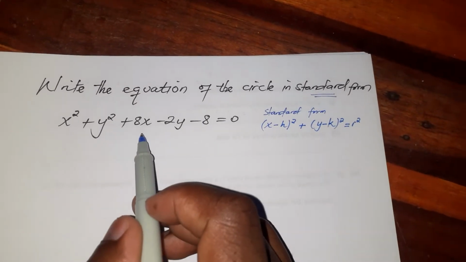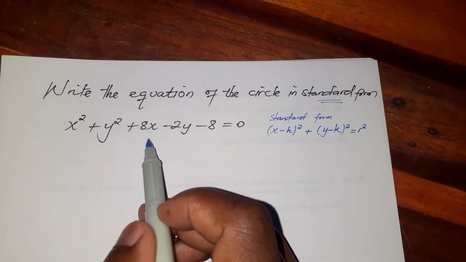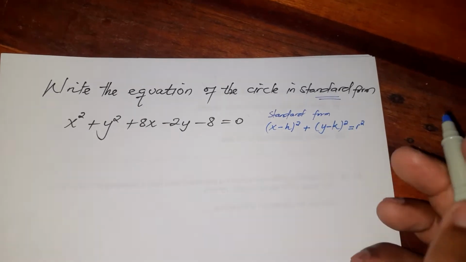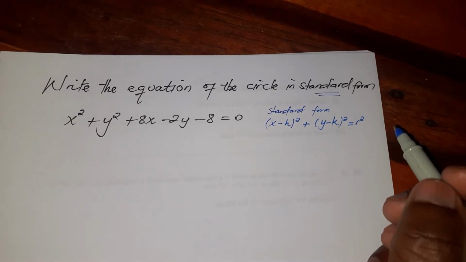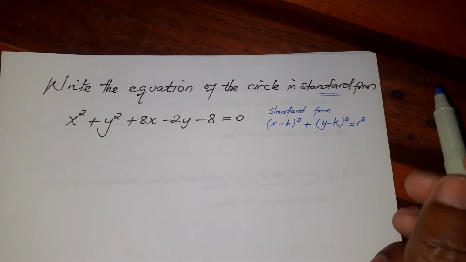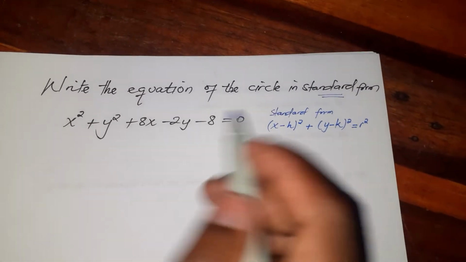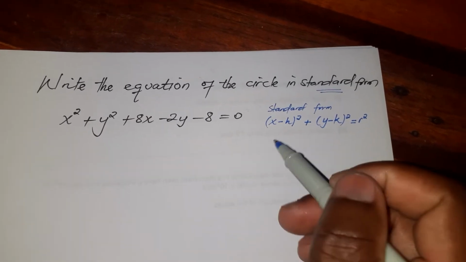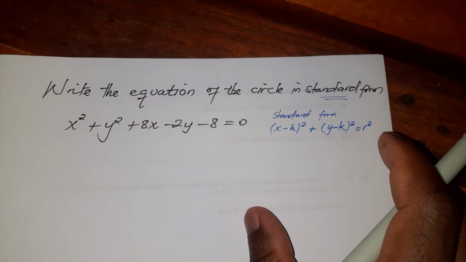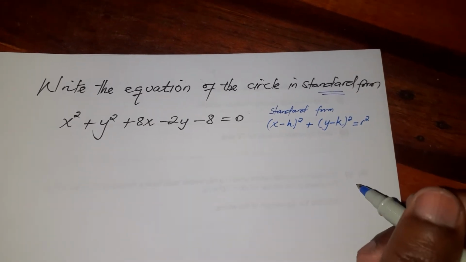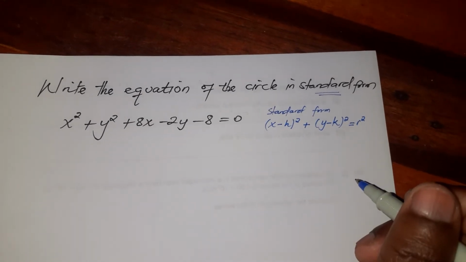Now this equation that we are given is in the general form of an equation of a circle. In order for us to write it in that way, somehow we need to complete squares.